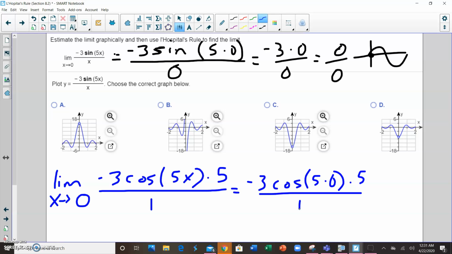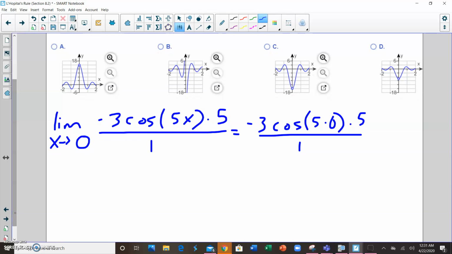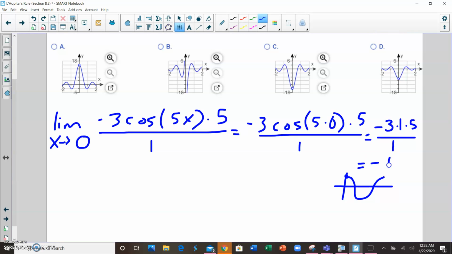The cosine curve looks like this. It starts here, goes down and back up. So the cosine of 0 is 1. So this is going to be negative 3 times 1 times 5 divided by 1. So that is going to be equal to negative 15. And negative 15 is going to be the limit as you approach 0.